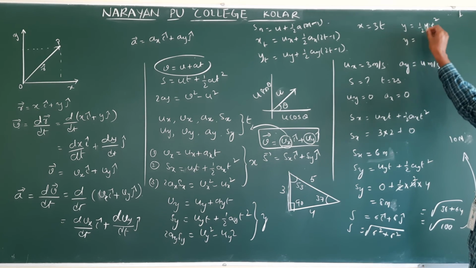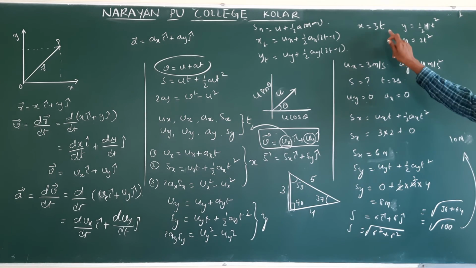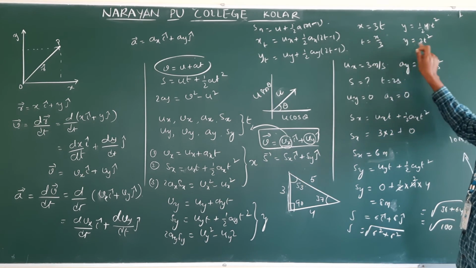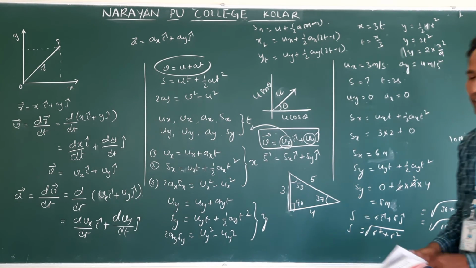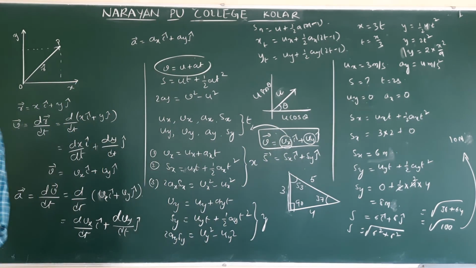Then y is equal to 2t square. What is t? t is equal to x by 3. This value substitute here. y is equal to 2 into x square by 9. Or you can keep it as this, y is equal to 2x square by 9. So that is the trajectory.